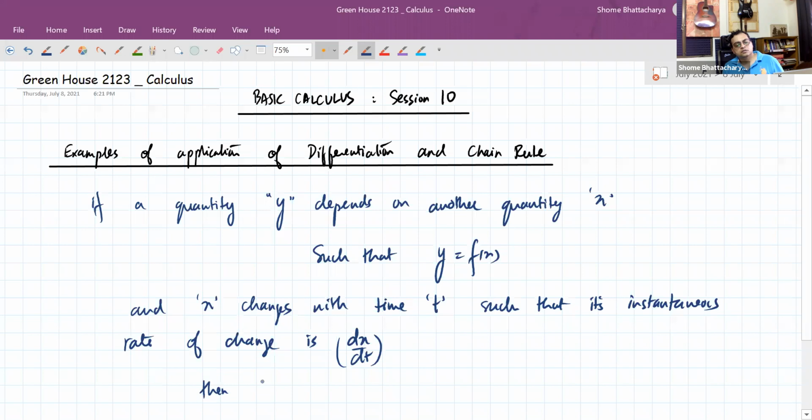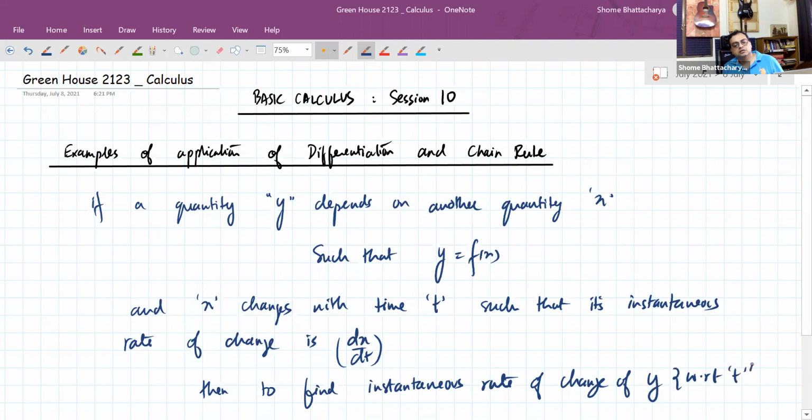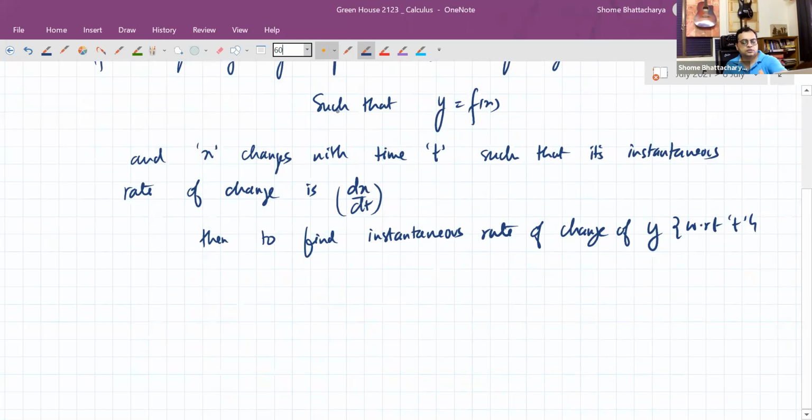Then to find the instantaneous rate of change of y with respect to t, this is where we apply the chain rule concept.